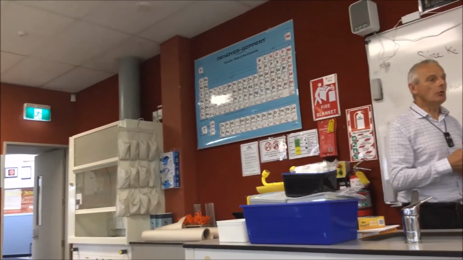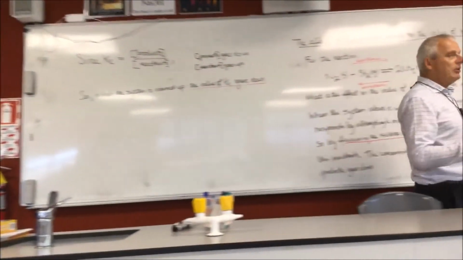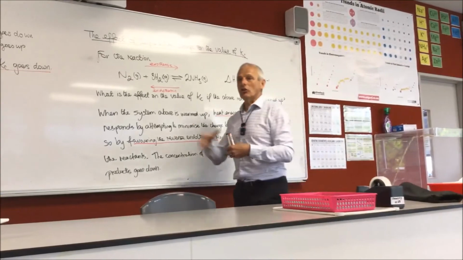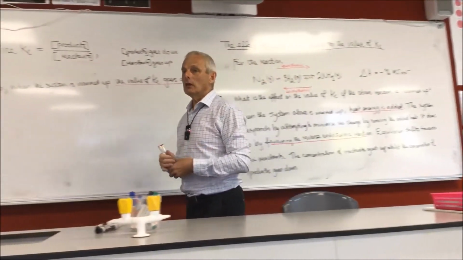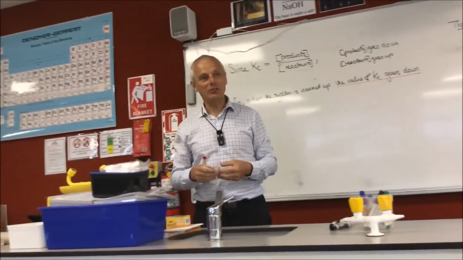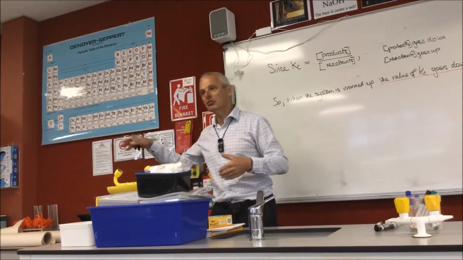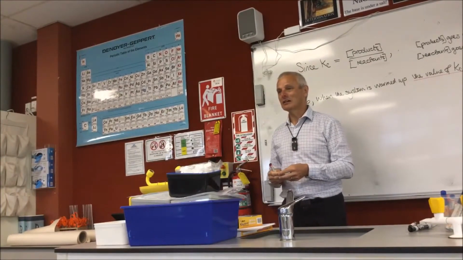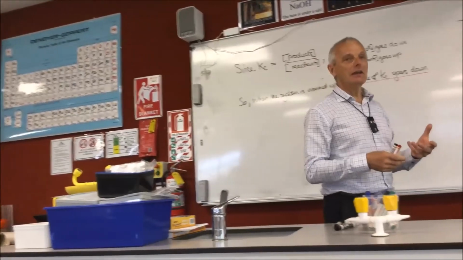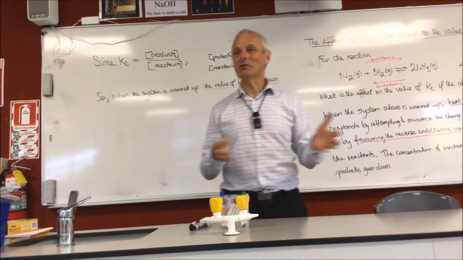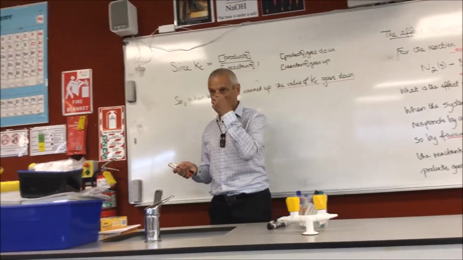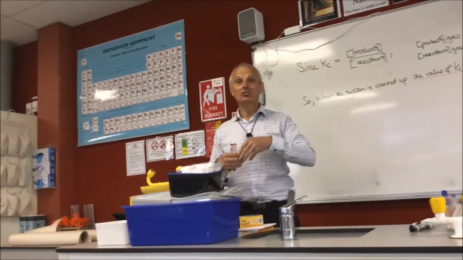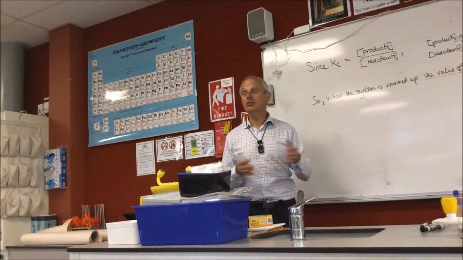Okay? So the catalyst speeds up a reaction rate. The thing is that with a reversible reaction, it actually speeds up the forward reaction rate by the same amount as it does the reverse reaction rate. So overall, it doesn't affect the position of equilibrium at all. So adding a catalyst in doesn't affect equilibrium or the position of equilibrium.